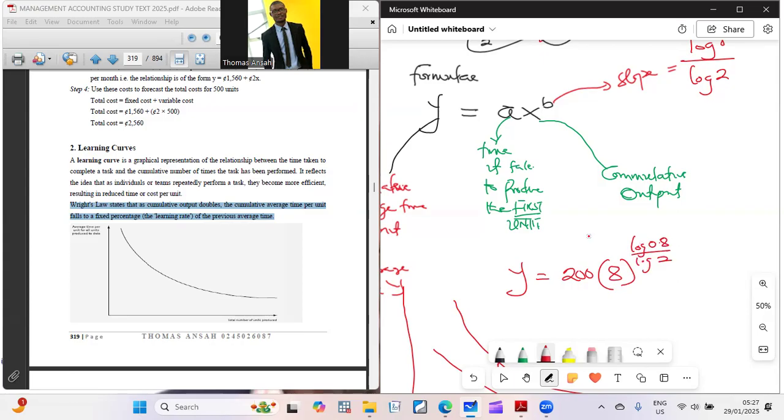Let me find my scientific calculator and let's learn how to do this quickly. All right, I found it. Now let's see how we learn the log concept.